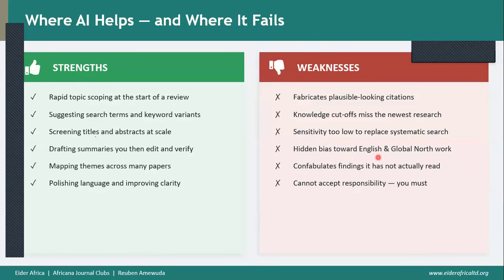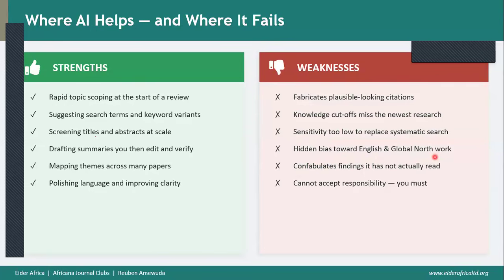Now, hidden biases towards English or global north work. We do that in Africa, whether West Africa or East Africa. Those that introduced the AI are from Western regions, from foreign countries, let me say UK, US, China.